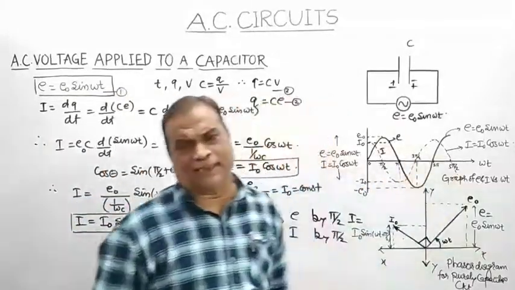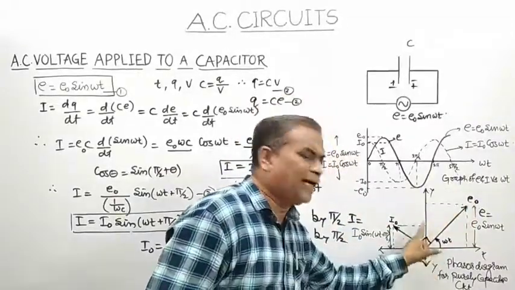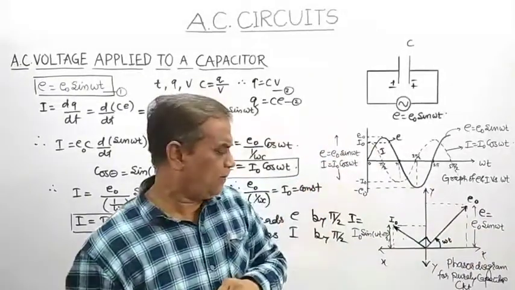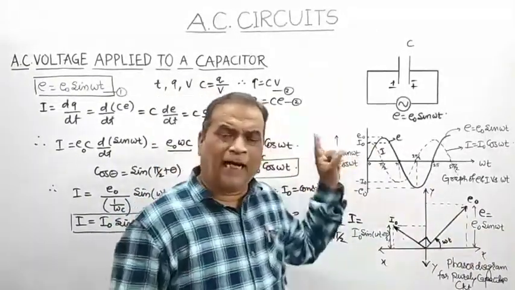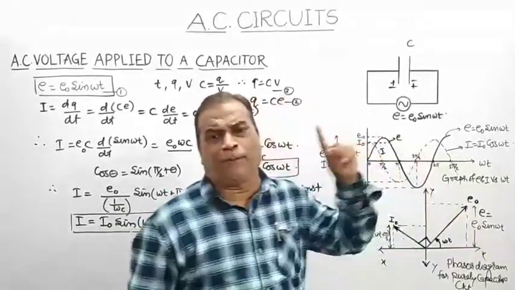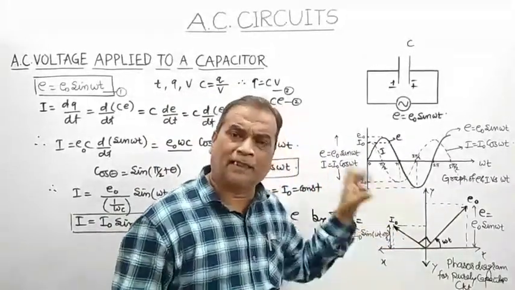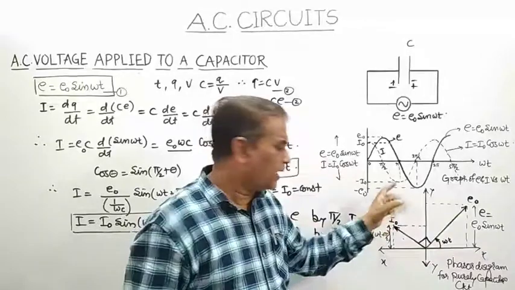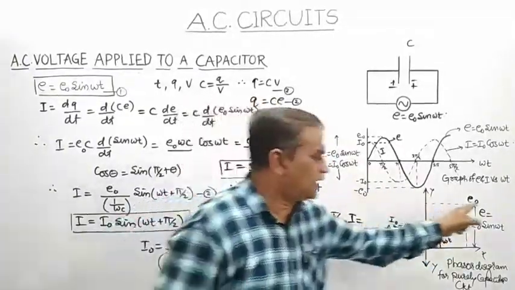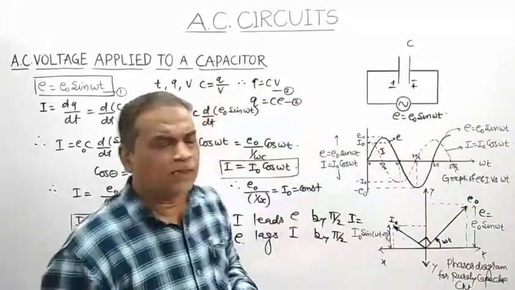As far as this phasor diagram for a purely capacitive circuit is concerned, you must remember the phasor representing the peak value of alternating EMF is inclined at an angle of omega t from the horizontal axis in anti-clockwise direction, and because alternating current in a purely capacitive circuit leads the EMF by a phase angle of pi by 2 or 90 degree, the phasor representing I0 is rotated through an angle of 90 degree in anti-clockwise direction with respect to the phasor corresponding to the peak value of alternating EMF.